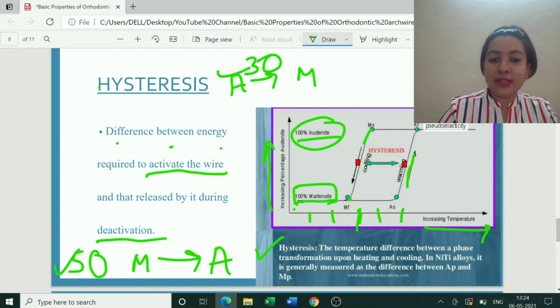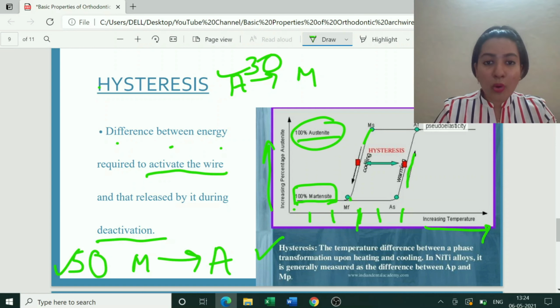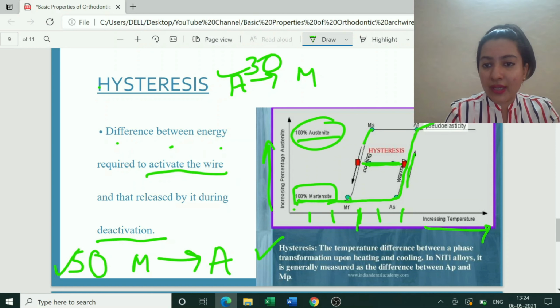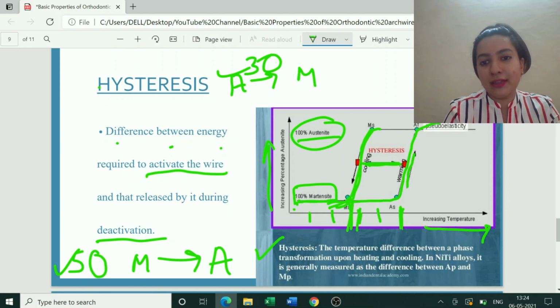This diagram is your hysteresis curve, which is very important because they can just put up this particular graph into one of your questions, and they might ask you what this graph indicates. So this temperature difference which you see here, they have mentioned hysteresis. Why? Because it is going from martensitic phase to austenitic phase at 50 degrees, but it is coming from austenitic phase back to martensitic phase at only 30 degrees.